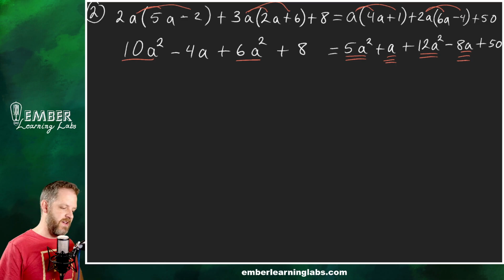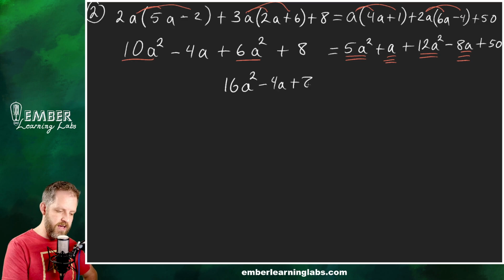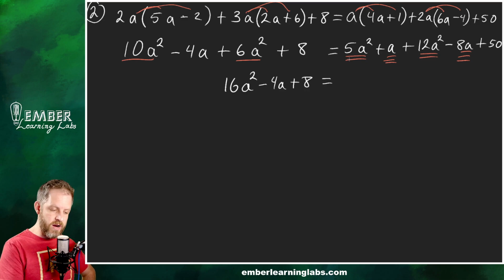It just makes your life easier. 10a squared plus 6a squared is 16a squared. We're going to bring down what we haven't touched. So minus 4a plus 8 equals 5a squared, excuse me, plus 12a.